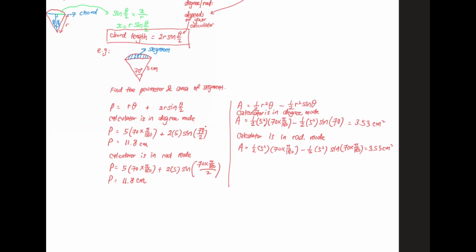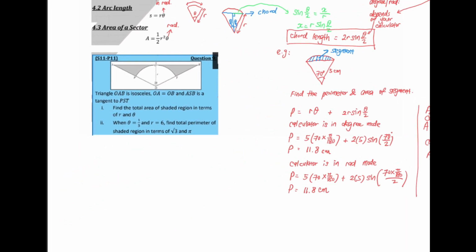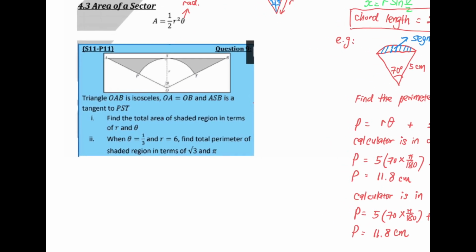Okay, now let's see one example here. Triangle OAB is isosceles. So this is the triangle OAB. OA equal to OB, and ASB is a tangent to PST. PST is the arc length.